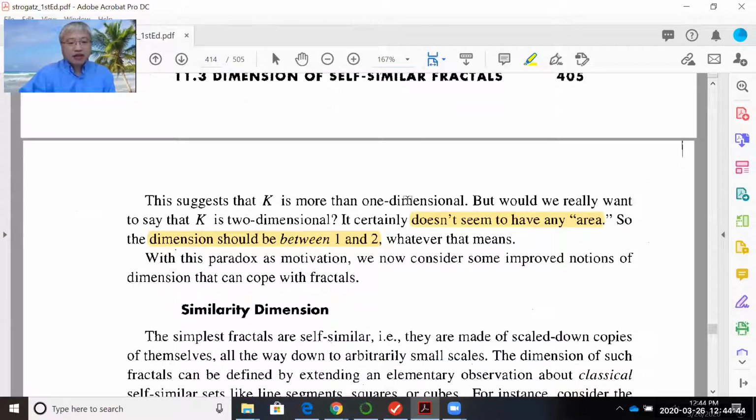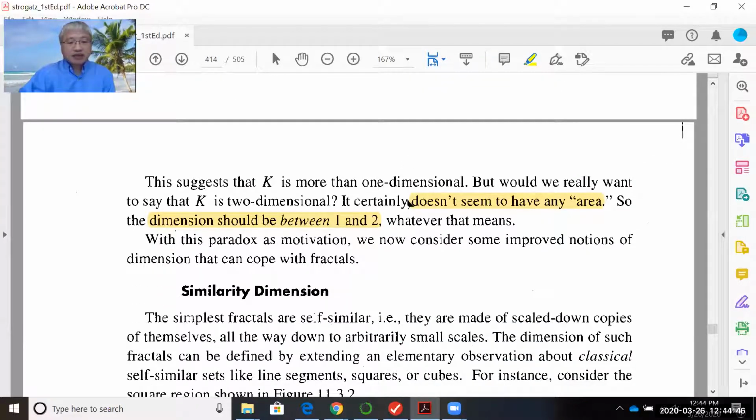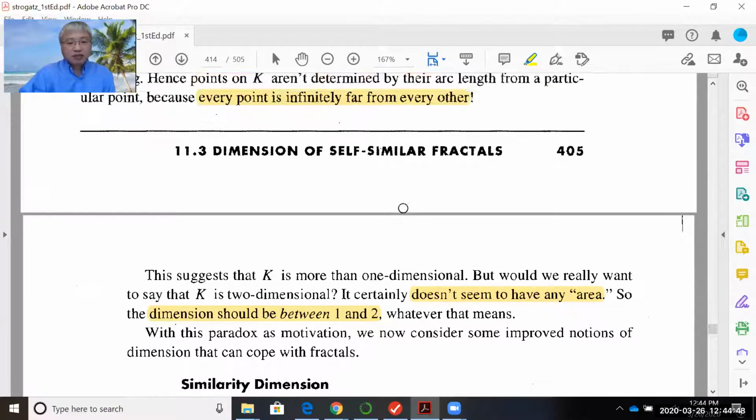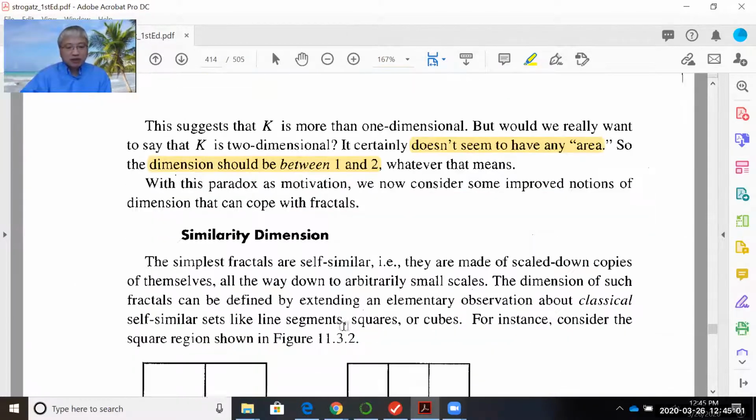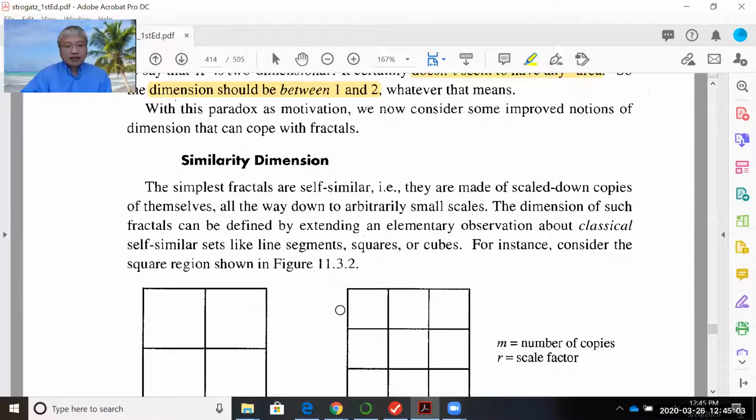So we can then define a self-similarity dimension. This object clearly is, in terms of dimension, bigger than 1. But of course, it's not 2 because it doesn't occupy the whole 2 dimensions. So it has a dimension somewhere between 1 and 2. And we can define that using a dimension called the self-similarity dimension.